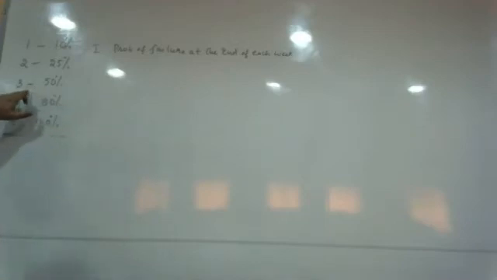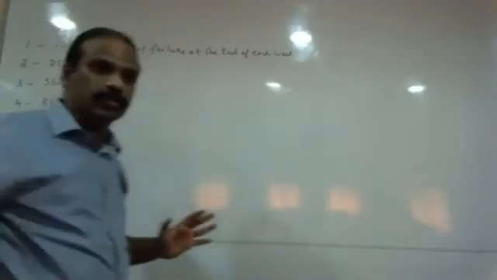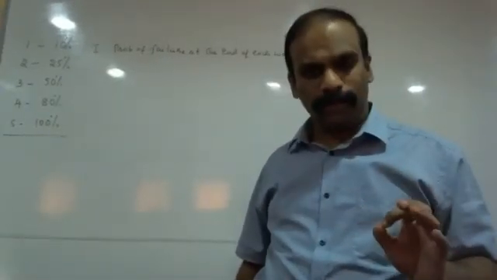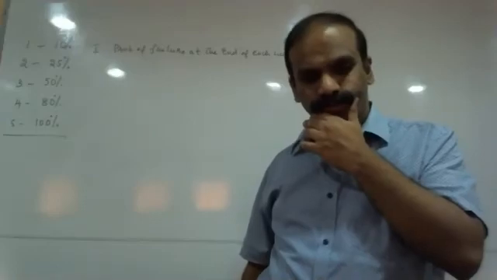When you come to the third week, 50% includes the first, second and third weeks together. The fourth week 80% includes the first, second, third and fourth, and the fifth week 100% means all the data becomes cumulative. Are you able to understand this logic? Yes or no? Yes, sir.